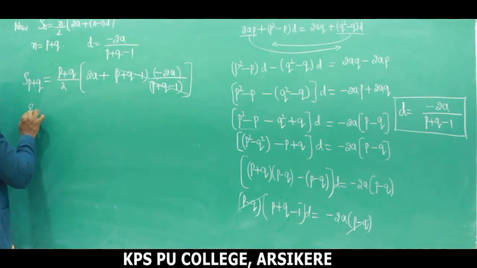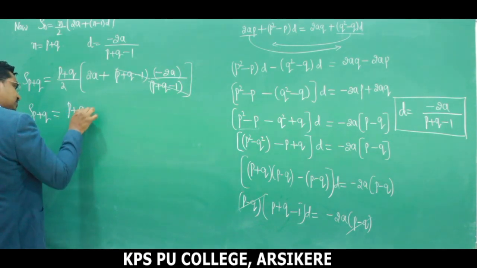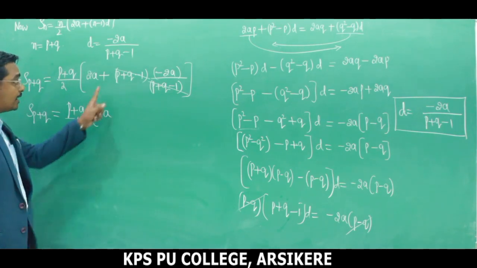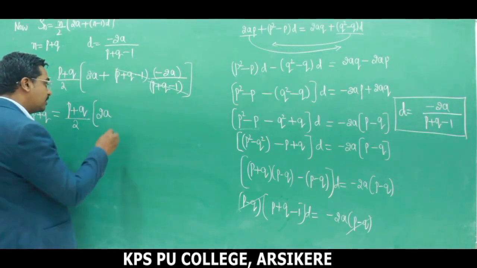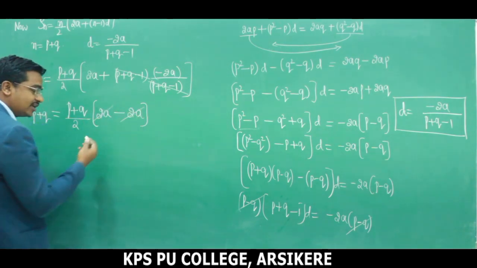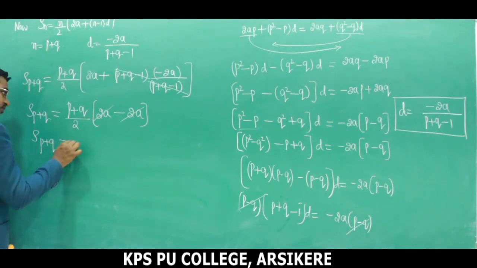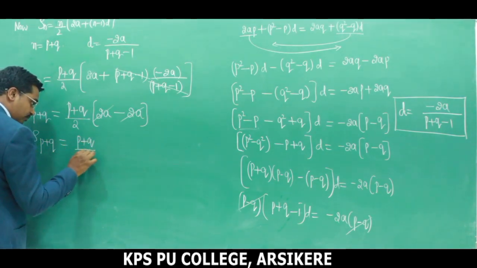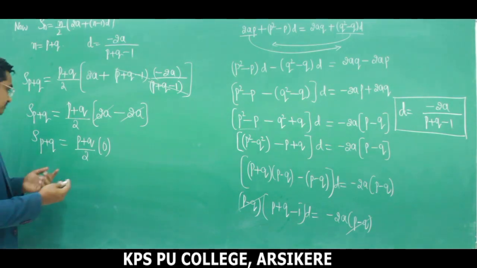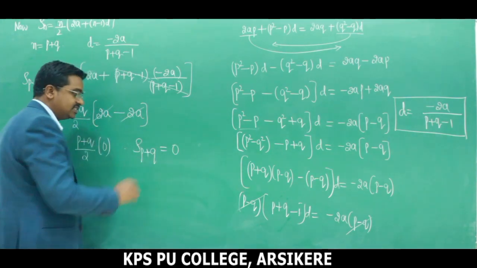So what we are left with is S of P plus Q is equal to P plus Q divided by 2 into, here we have 2A, plus into minus becomes minus 2A. 2A minus 2A gets cancelled, we are left with 0. So S of P plus Q is equal to P plus Q divided by 2 into 0. 0 into anything is 0, therefore S of P plus Q is equal to 0.